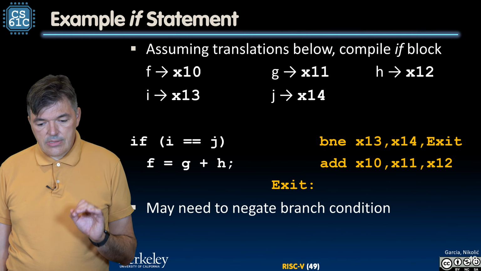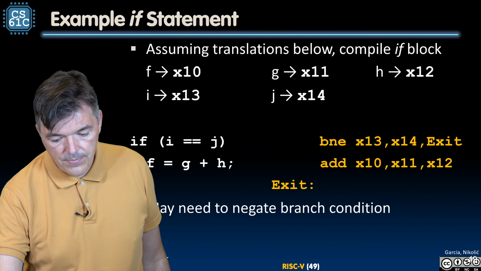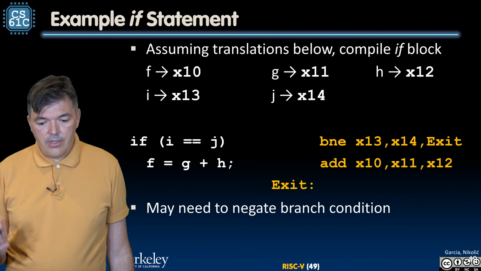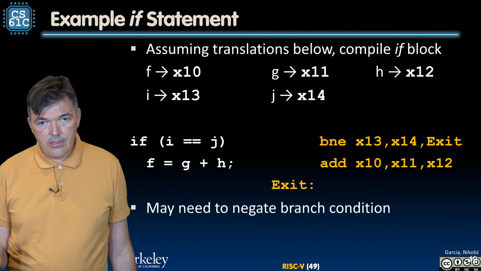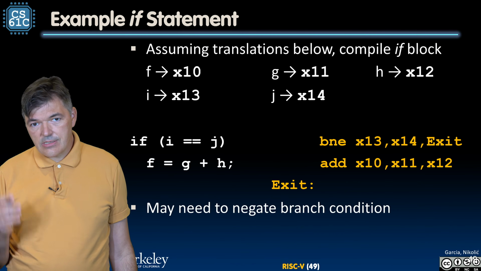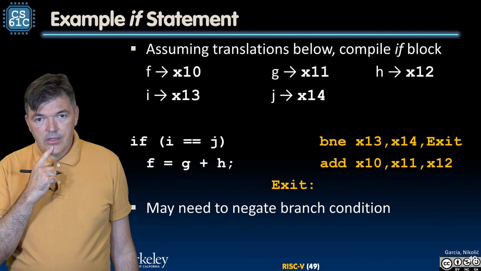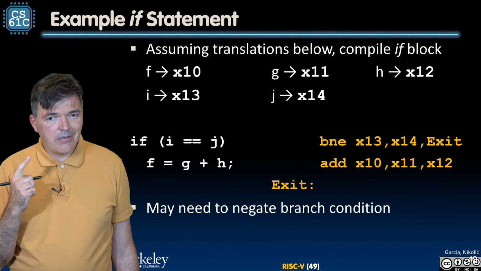And look at this. Here is something that might surprise you, but totally makes sense. Instead of saying branch if equal x13, x14, we are using BNE. We are inverting this equal condition. Why are we doing that?